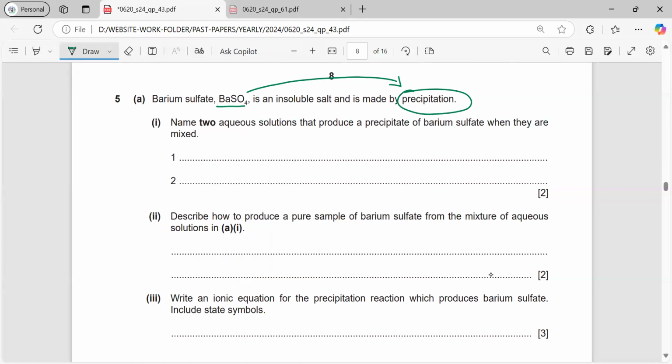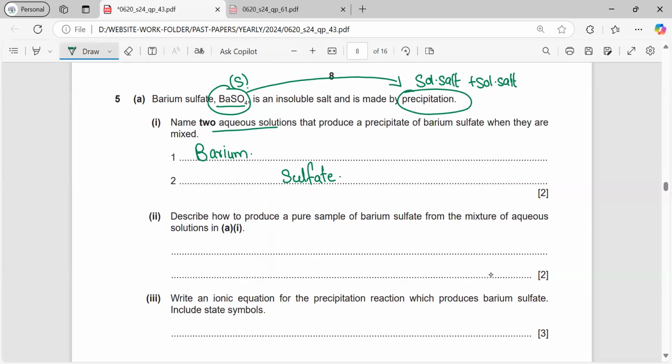In a precipitation reaction, we take a soluble salt and another soluble salt, and it makes one soluble and one insoluble salt. It's a solid. So for this one, we must take 2 aqueous solutions. One must contain barium and the other must contain sulfate.